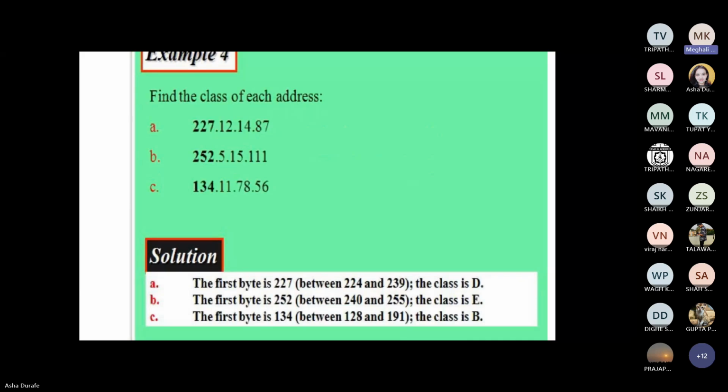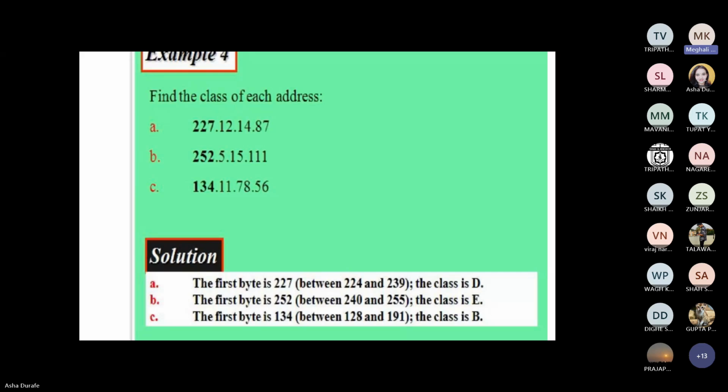Now, if the address is given in dotted decimal notation, how do you find the class of each address? Here again you have to look at the first byte. In A, the first byte is 227.